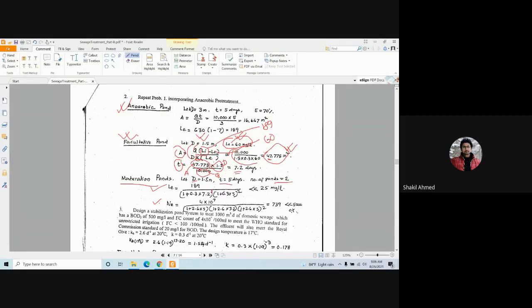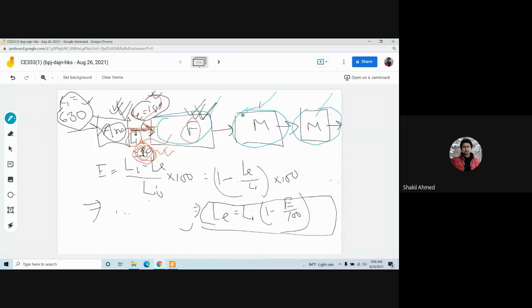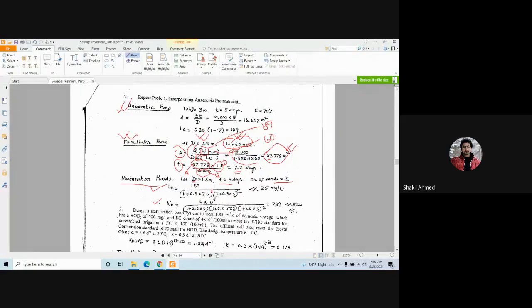Now if you consider these 3, then what is your Li? So 189. Remember this. Your Li is not 630. Your Li is 189 because you are considering this. So your Li is this 189.